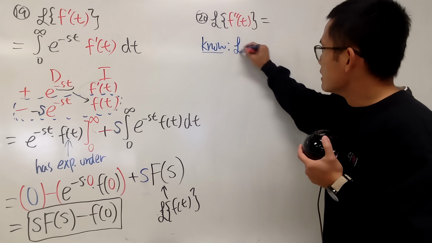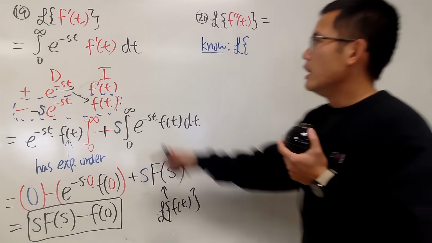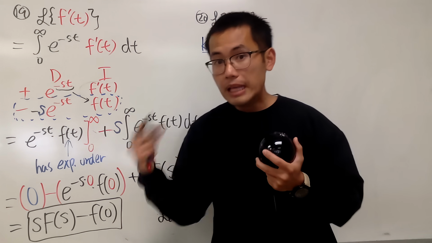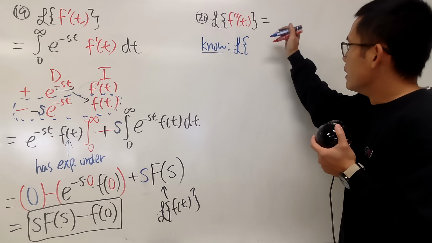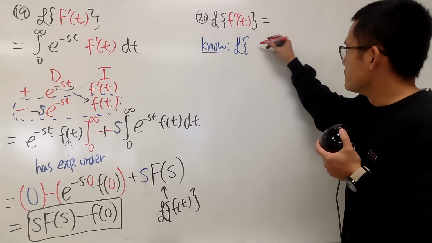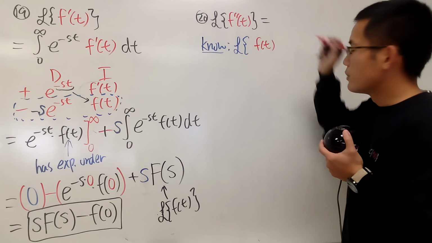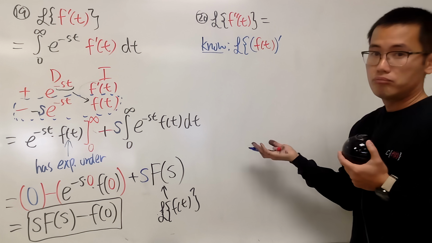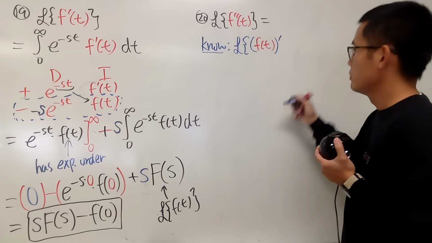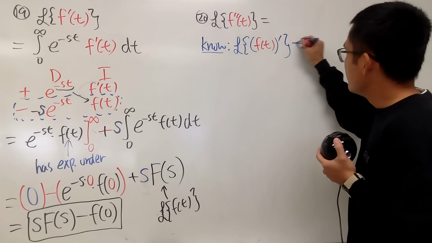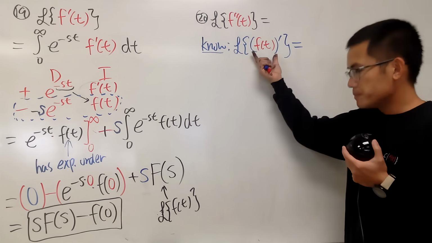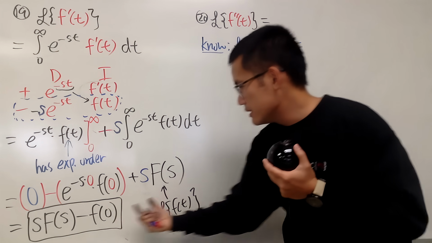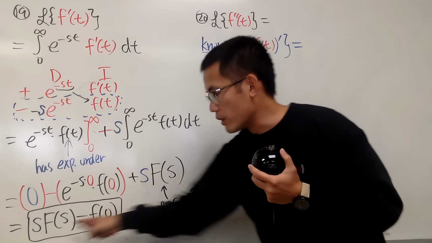We know that the Laplace transform of f prime of t, let me write it down like this. This is the same as saying we have f of t, and then we differentiate that. That's how we get f prime of t. Good. And this is equal to, well, you see F of s is equal to that, so let me put this down right here for the F of s.